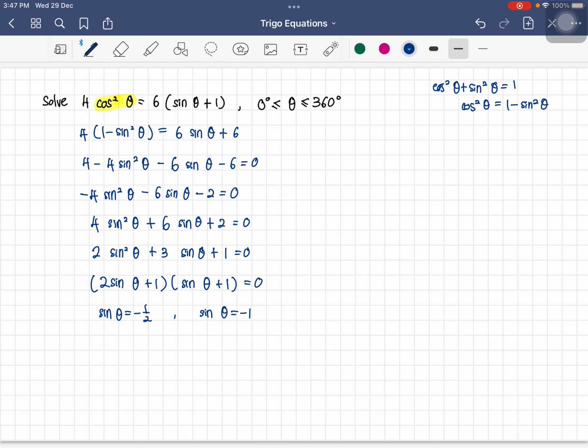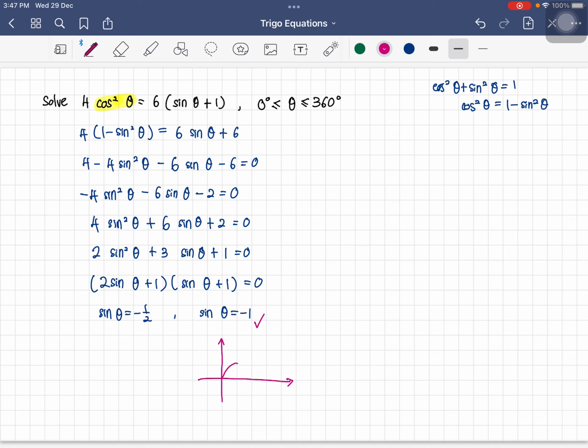So we need to solve this trigonometric equation. So how to solve it? Let's just consider this part first. To solve this one, you don't have to find the basic angle. You just need to recall the graph for the sine of x.